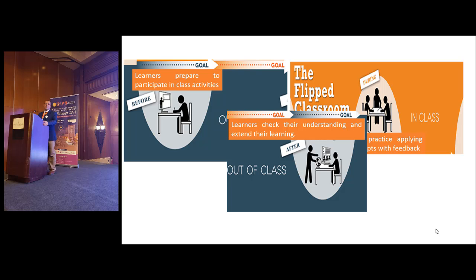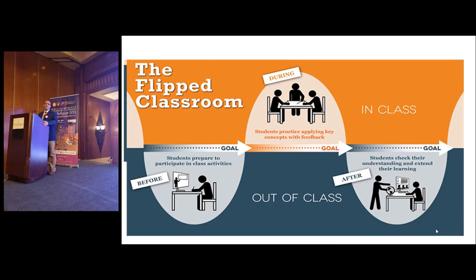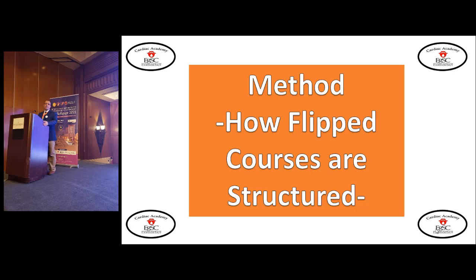Then they go out of the class again after the class to check their understanding and extend their learning. So we see here that the goal and objective of learning is achieved better in this model than the traditional model.